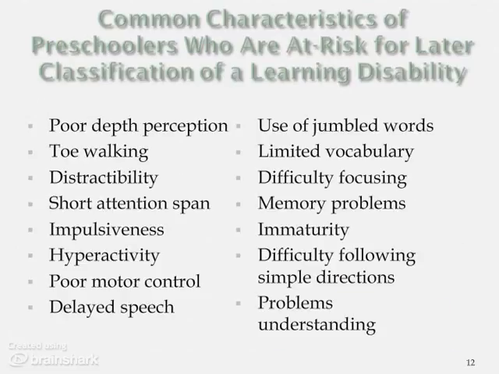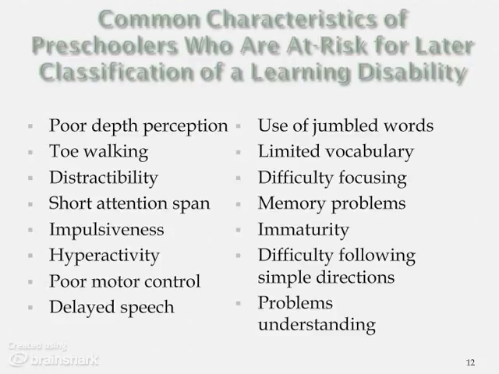There are some signs for preschoolers who may be at risk. Not that I want anyone to go out and diagnose any preschoolers, but when you look at a child who has a learning disability and then you go back in history and look at what they were like as a preschooler, you'll see some of these characteristics with those particular students.